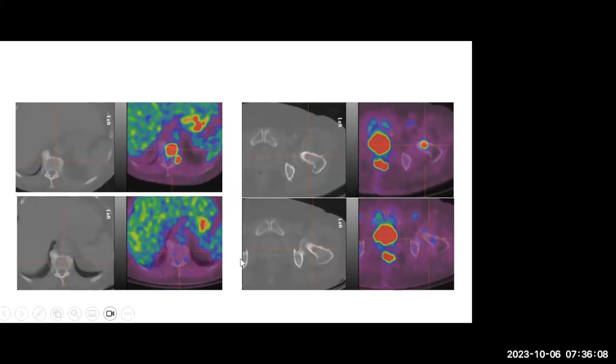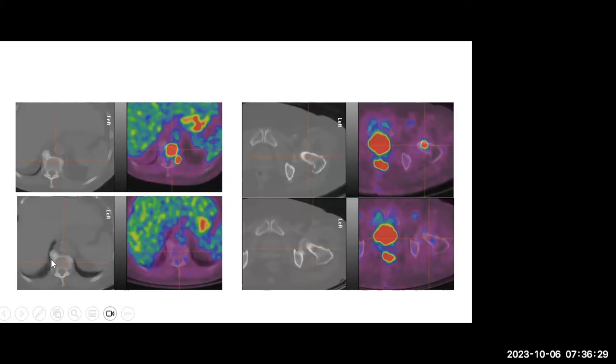These are all axial cuts, and the top row is the follow-up scan. The bottom row is the baseline scan when the patient was first imaged. Again, axial, this is bone window. I'm showing you here through the thorax, you can see the ribs.